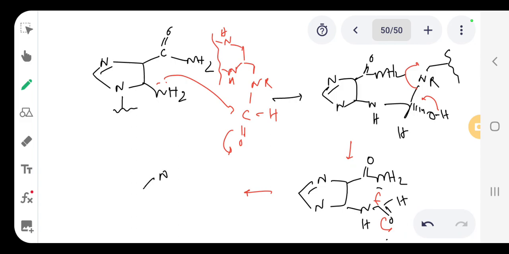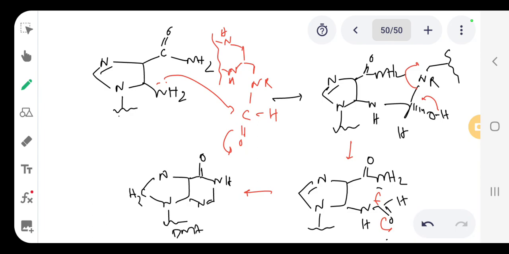and again give rise to a structure like this. CH2, N, NH. So it will give rise to this, and of course everywhere that will be attached to the DNA part. So this is DNA. This is DNA.